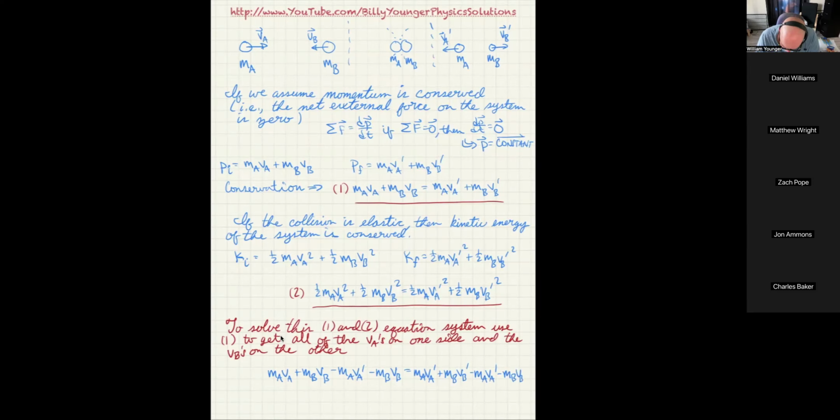So the reason I'm showing you all that is you now see that the MB VB is going to cancel out with the MB VB, and you're going to see on the other side the MA VA is going to cancel out with the minus MA VA, and in fact, our result will be MA times VA minus VA prime is equal to MB times VB prime minus VB.